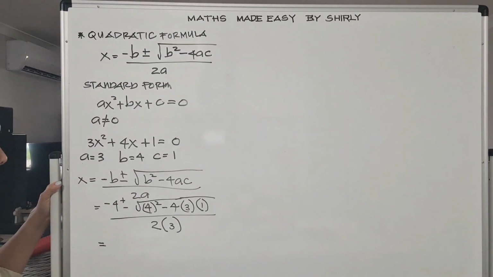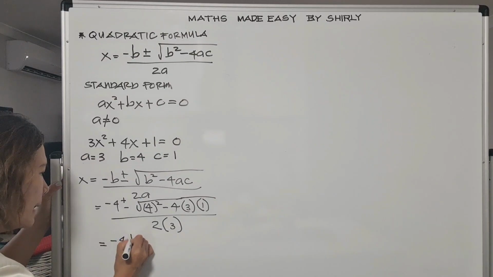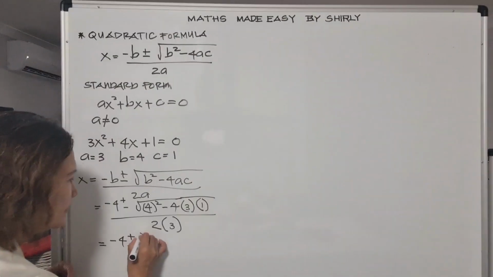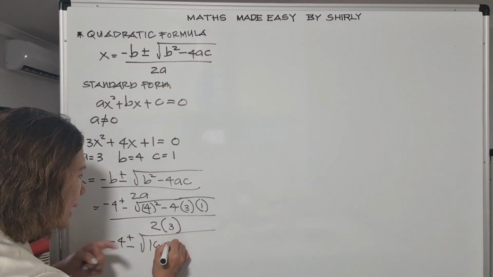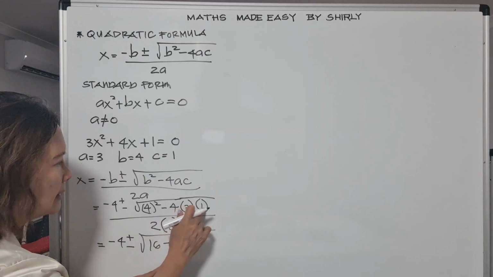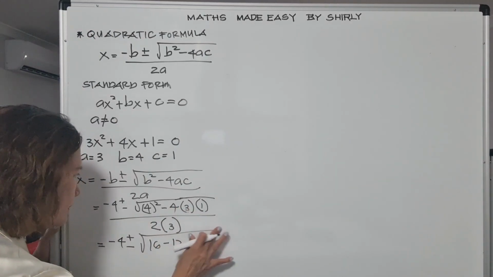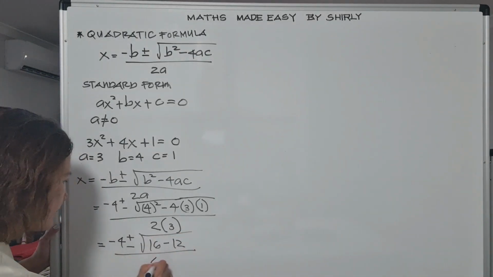Let us simplify. So we continue. Negative 4 plus or minus the square root of the square of 4, which is 16, minus 4 times 3 times 1, which is 12, all over 6.